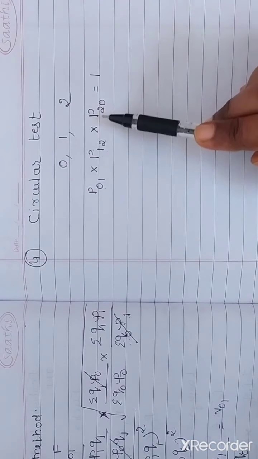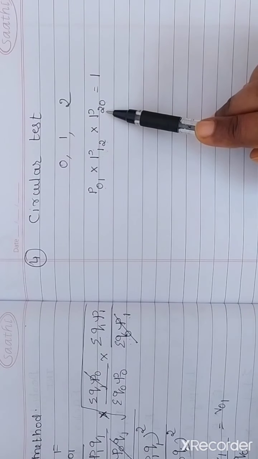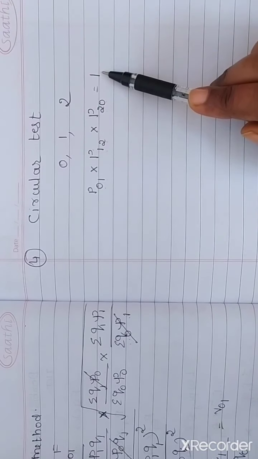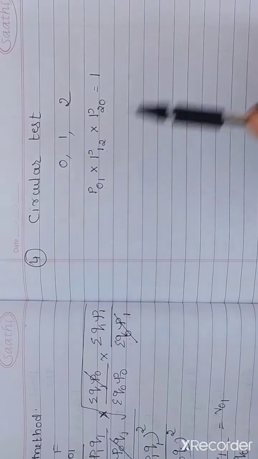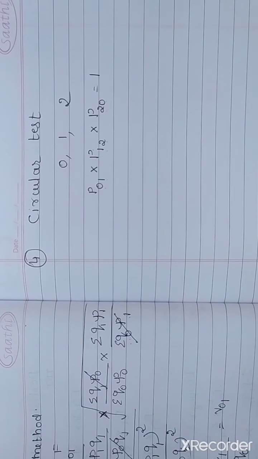That means the price index of current year 0 with respect to base year 2, which is equal to 1. That means index numbers work in a circular manner, and this property enables us to find the index numbers from period to period without referring back to the original base each time.